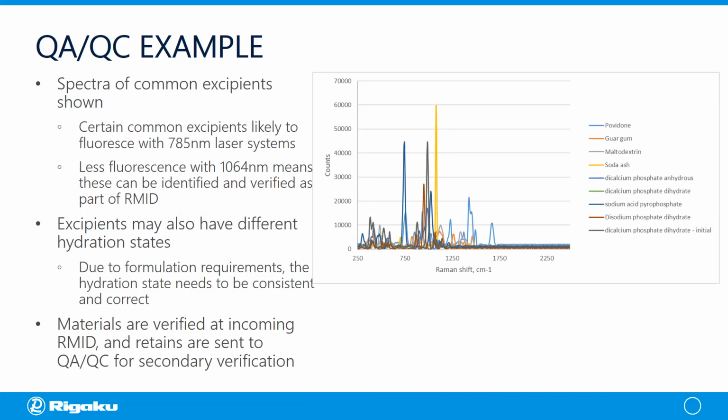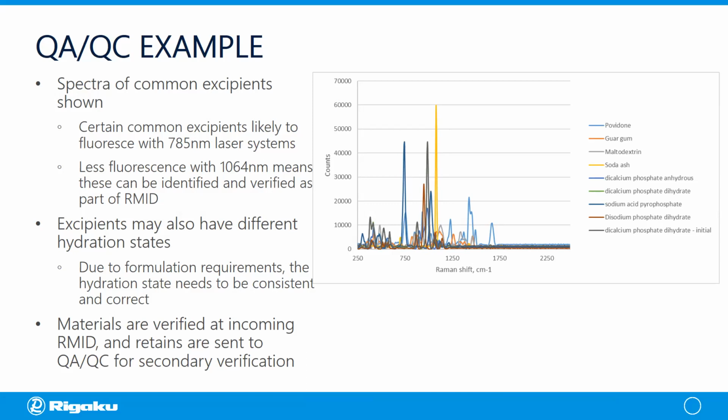For example, here we have some scans where the organic salts have different hydration states. You see a dicalcium phosphate anhydrous, and you see dicalcium phosphate dihydrate. Now, it is important for the physical properties of a formulation that these states are constant and well known. Otherwise you're going to have issues with bioavailability and solubility later on.